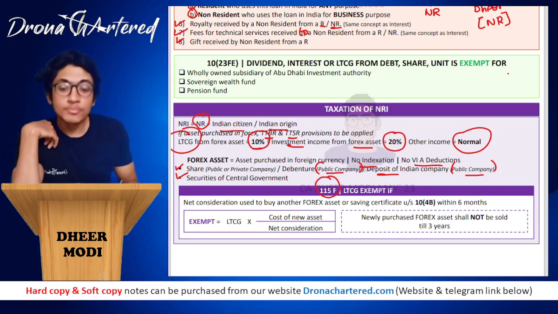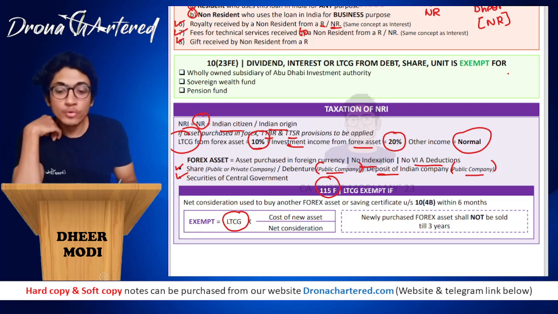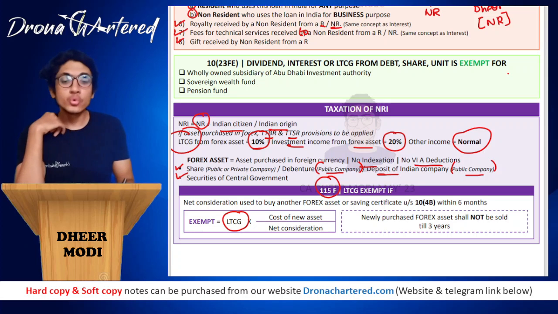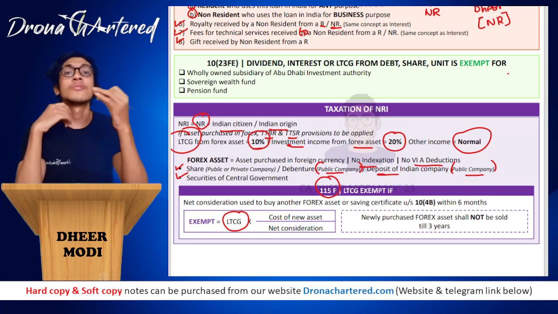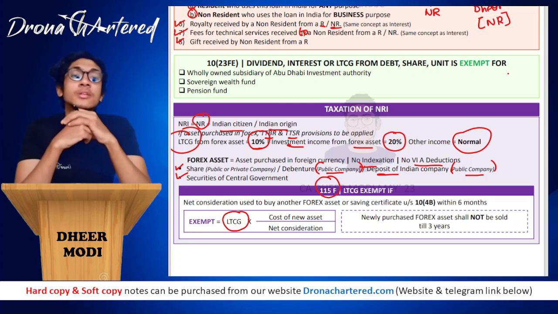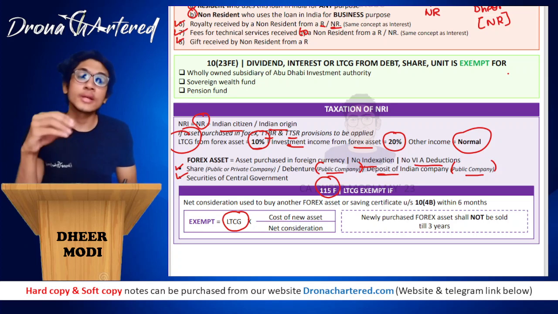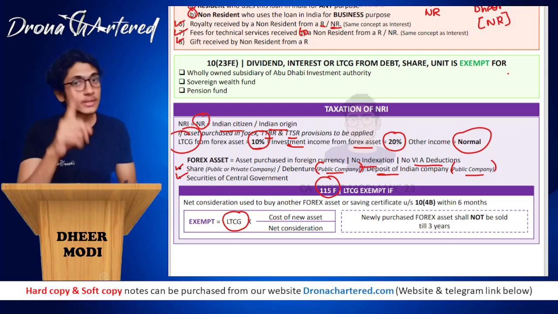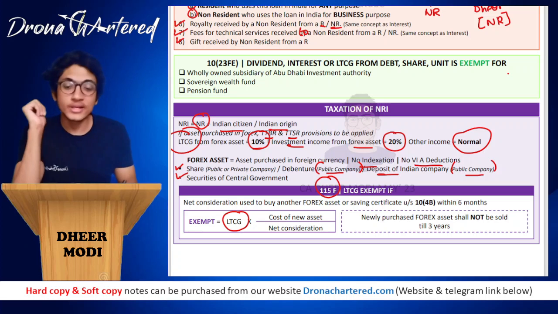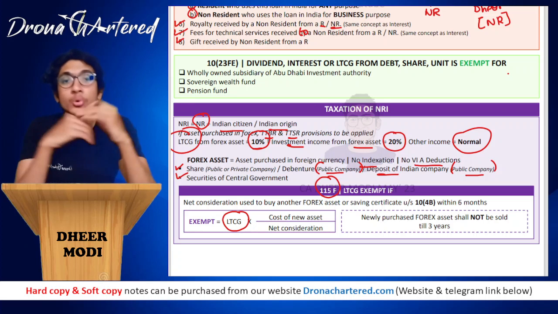So how much of this portion will be exempt is LTCG into cost of new asset upon net consideration. For example, if you used your entire net consideration, your cost of new asset divided by net consideration will be 1 because you have used the entire amount. So that means your entire LTCG will be exempt.